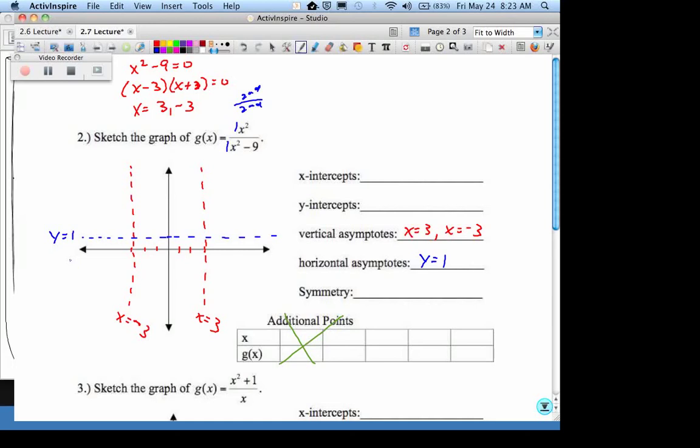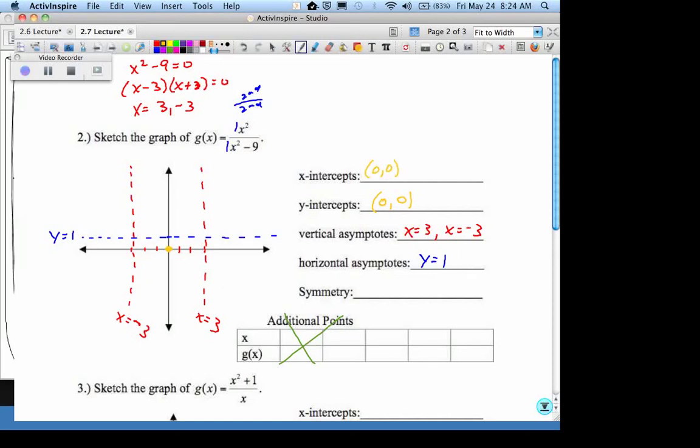Now, when you plug in 0, what do you get? So a y-intercept is when your x value is 0. What happens when x is 0? I get 0. Well, that's also going to be my x-intercept, so I guess we should fill them both in with 0, 0.